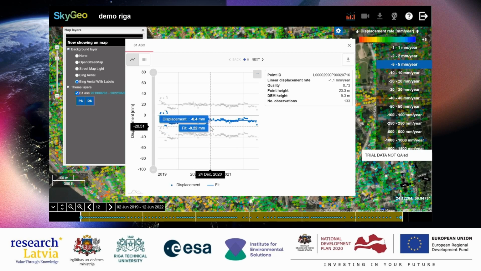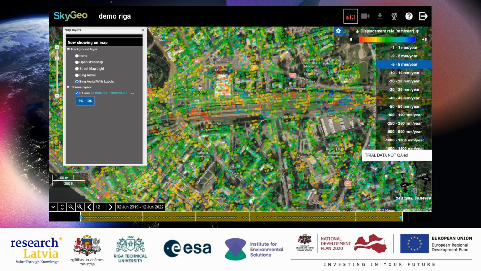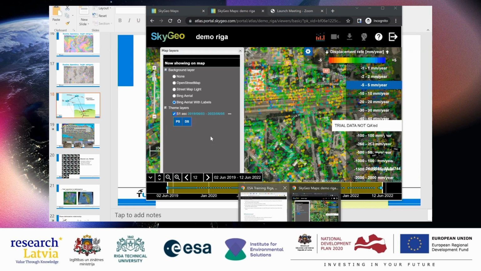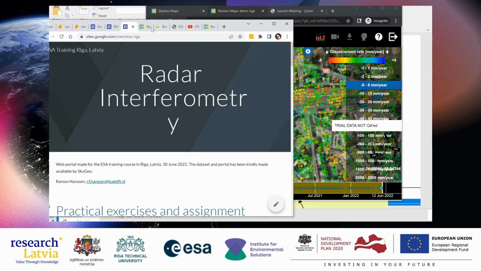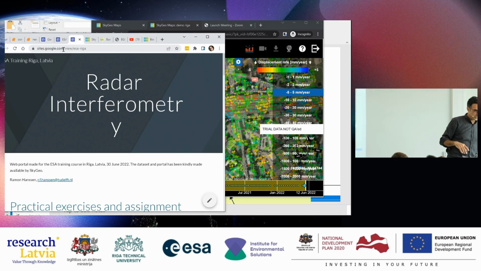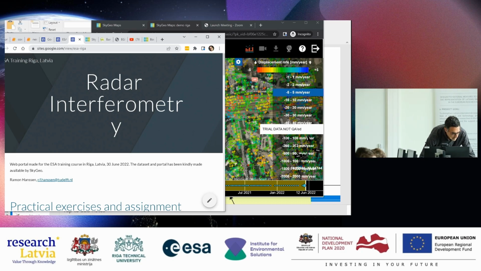And so what I prepared, what we're going to look at in a minute, is a website, and it's this website. It is called sites.google.com/view/isa-riga. And if you get there, there will be the login codes to get into that portal. But I think we can do that in a minute.